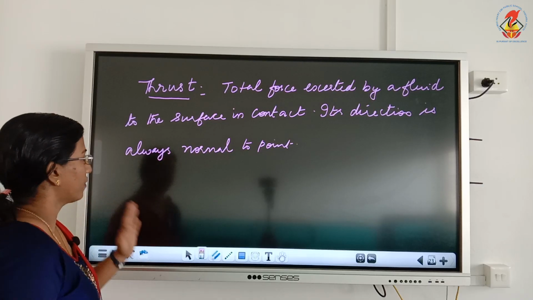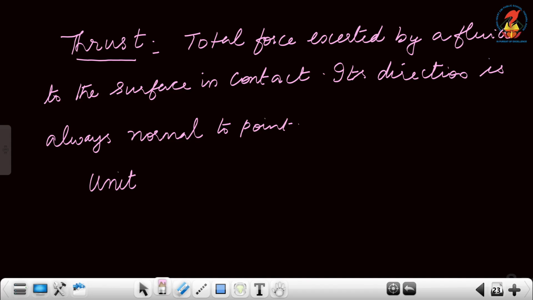Okay, and the unit of thrust is Newton. So total force, so unit is Newton.